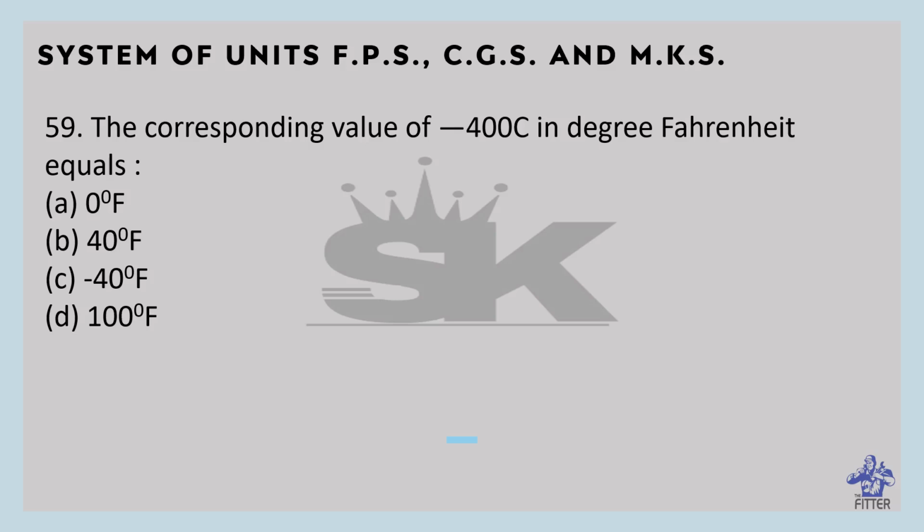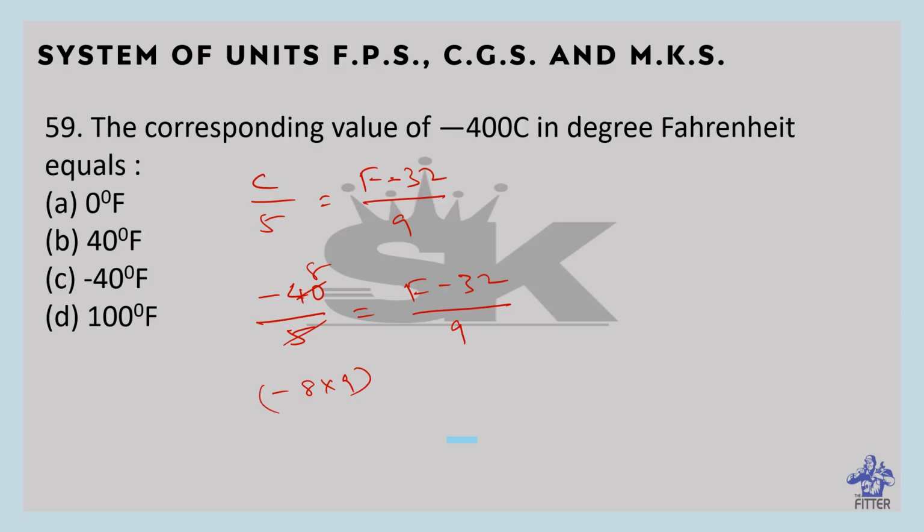The corresponding value of minus 40 degrees centigrade in degree Fahrenheit equals to, we know the formula, right? C by 5 equals F minus 32 by 9. So here C is minus 40 by 5, equals F minus 32 by 9. So minus 8 into 9 equals F minus 32.